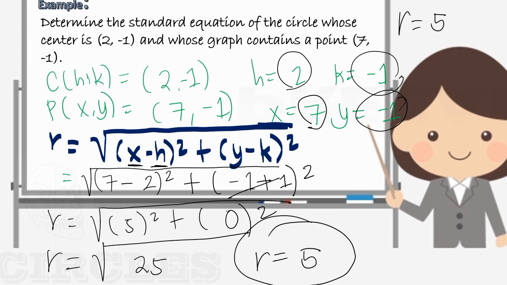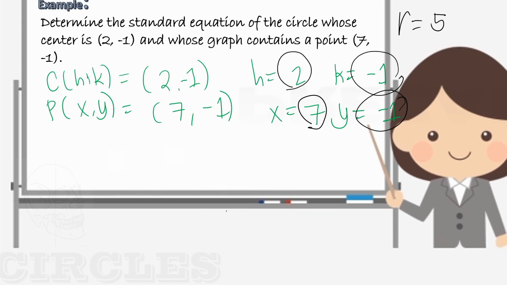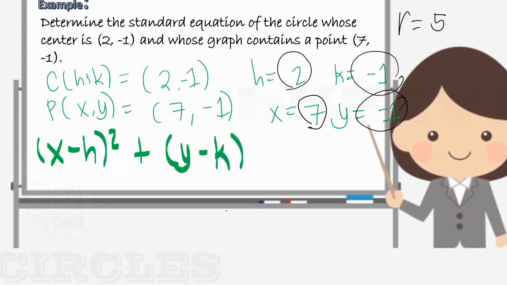And then, let's recall the standard form of the circle, x minus h squared plus y minus k squared is equal to r squared. So, the center h, k is given, which is this one, and also the radius we found is equal to 5.